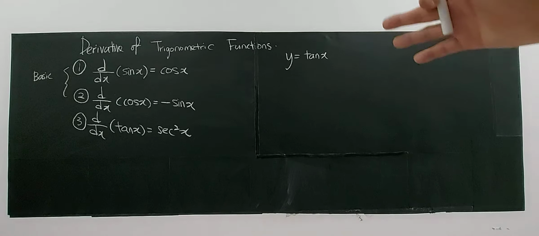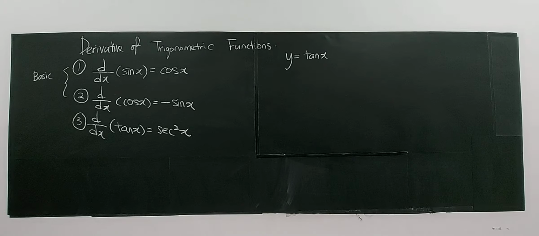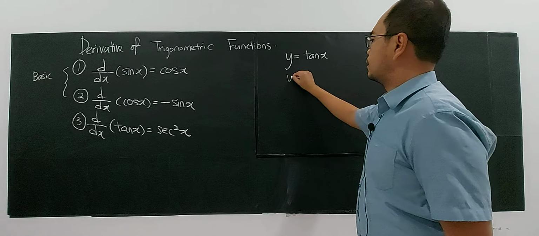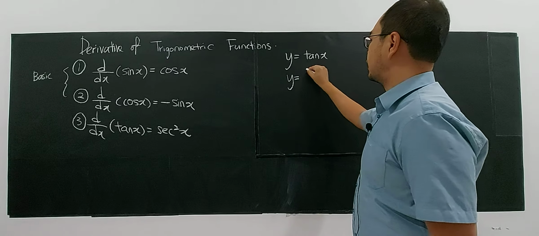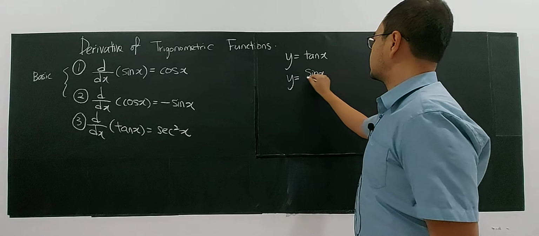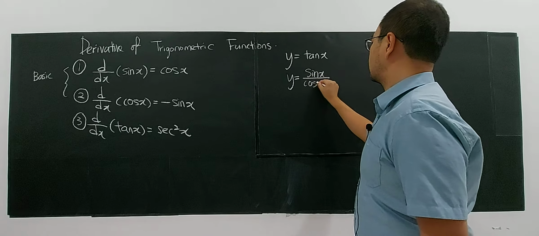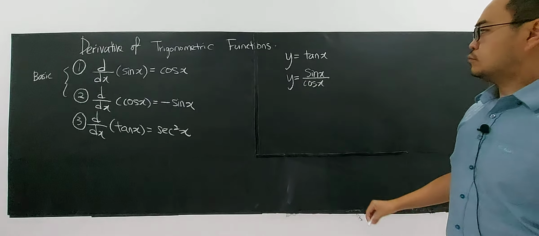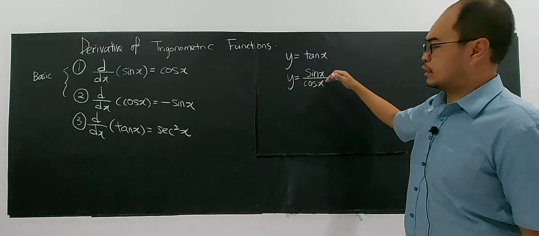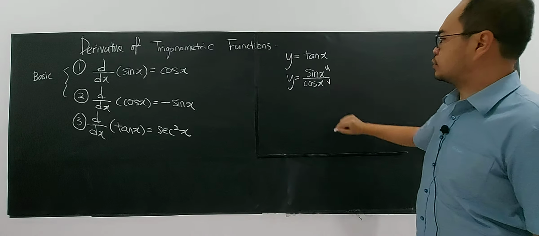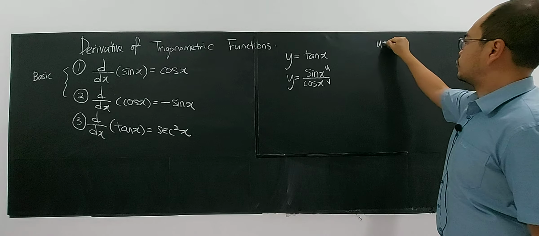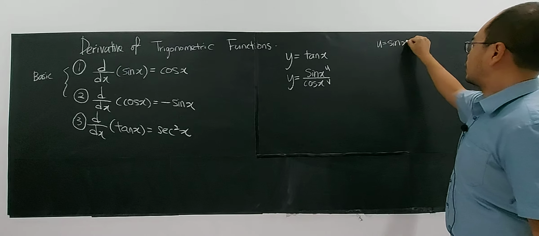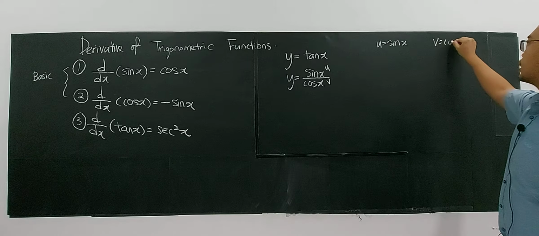Let's see. I have y equals tangent x. As everyone knows, tangent x can be written as the ratio of sine x to cosine x. As you see, this is a division, so we can apply the quotient rule here. We have u, which is sine x, and v, which is cos x.